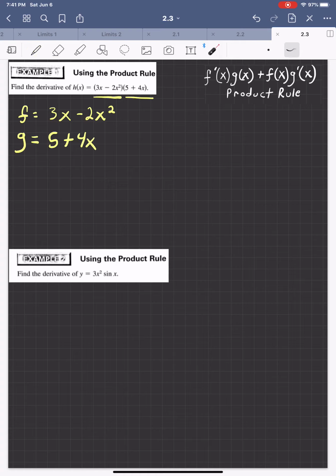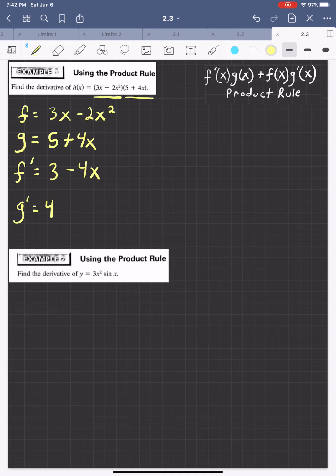So now notice that the rule requires that I know f prime as well as g prime. So let me go ahead and do that now. So f prime, g prime. So in this case, f prime would be equal to, we'll say 3 minus 4x. And g prime would just be equal to 4.